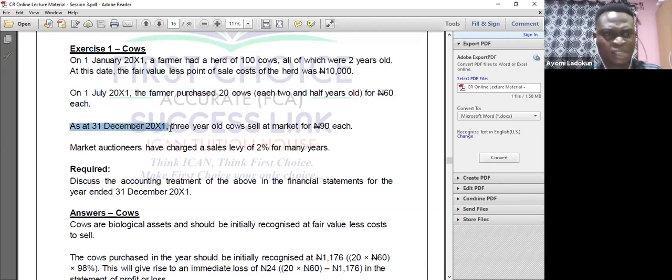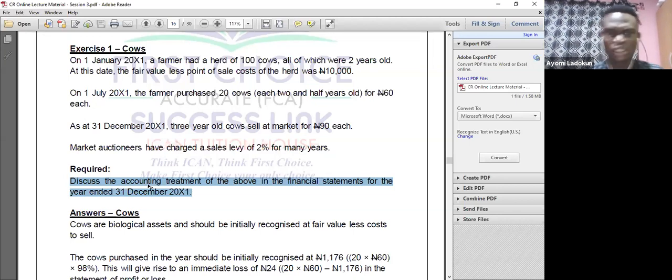At 31st December 2021, 3-year-old cows sell at market for 90 naira each. Market auctioneers have charged a sales levy of 2% for many years. Required: discuss the accounting treatment of the above transactions in the financial statements for the year ended 31st December 2021.